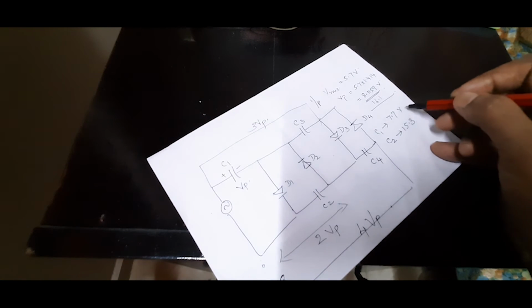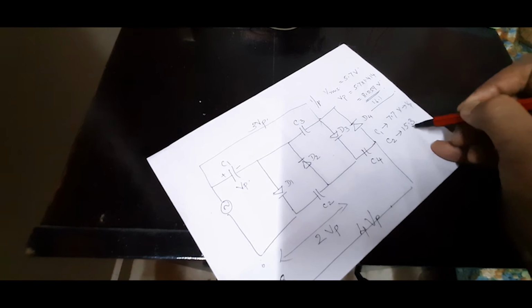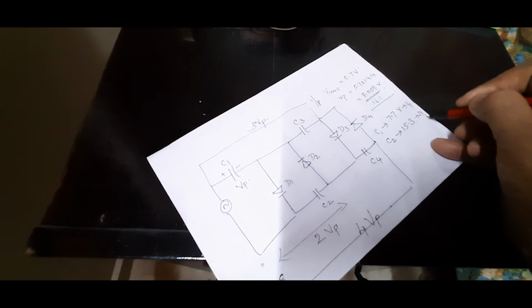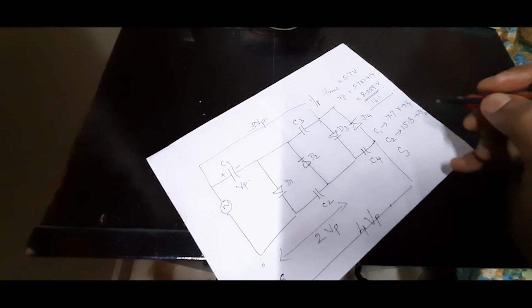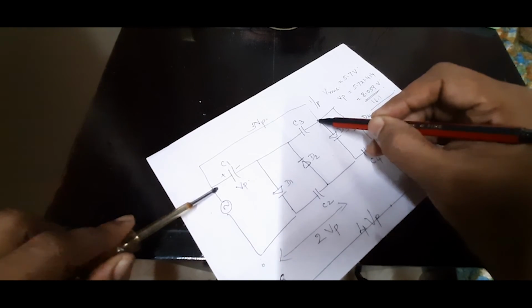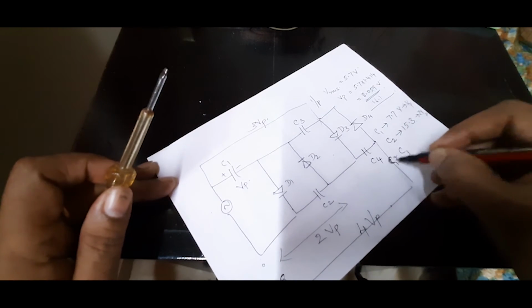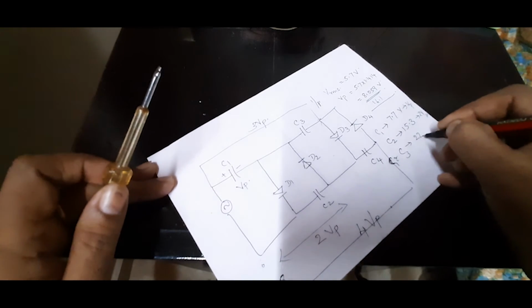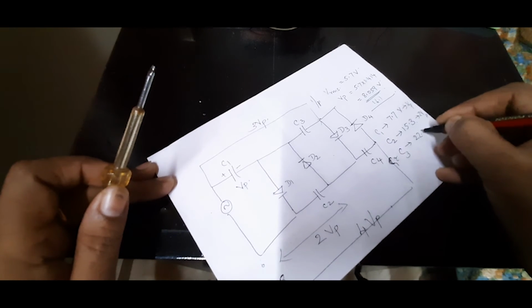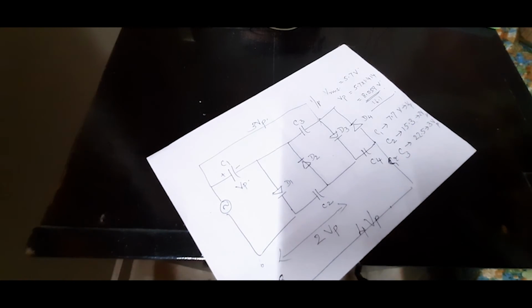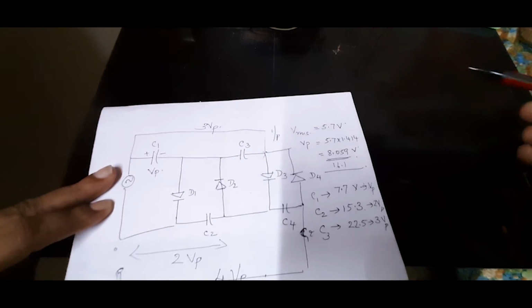Or you can also take, if this is VP, then see this is almost double of this. Isn't it? So this is 2 VP that we measured. And the voltage across C1 and C3, this is the point where you measure the 3 VP, and that we got as 22.5. So that is also very much in agreement with the theoretical expectation.